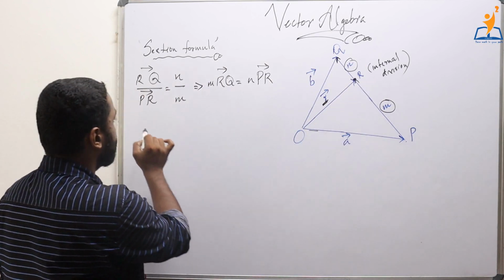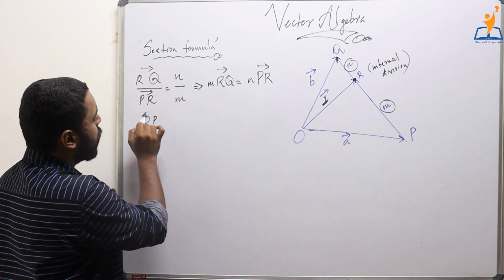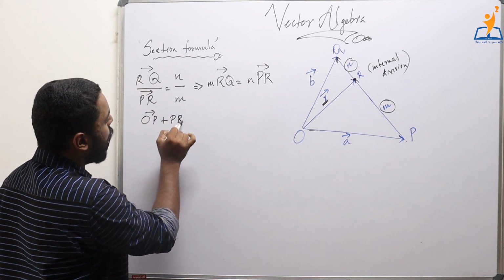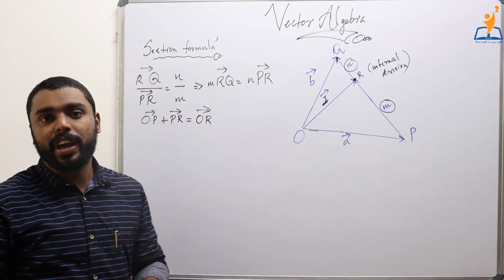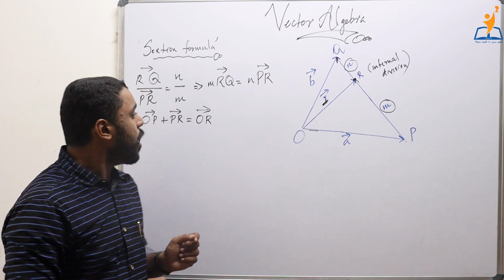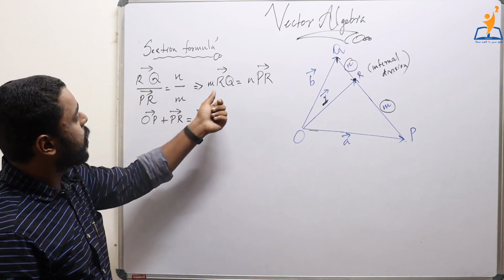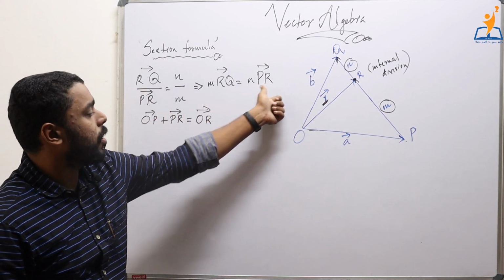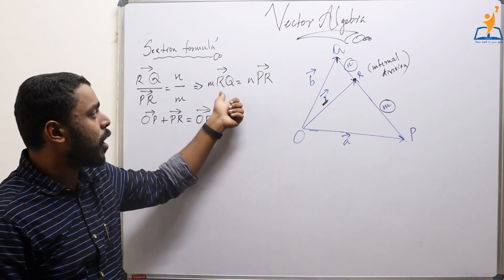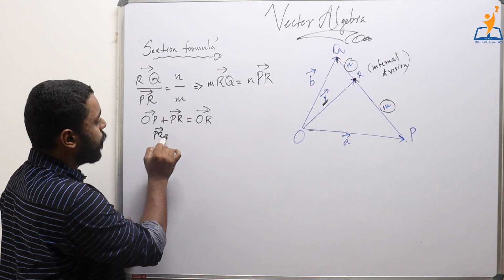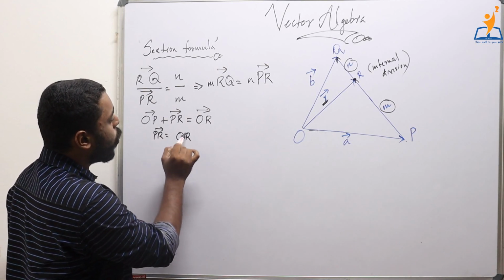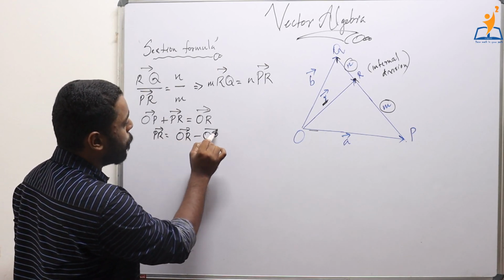We know that OP plus PR is OR by the law of vector addition. Clear? First we want to find PR, then we are going to find RQ. So vector PR is equal to OR minus OP.